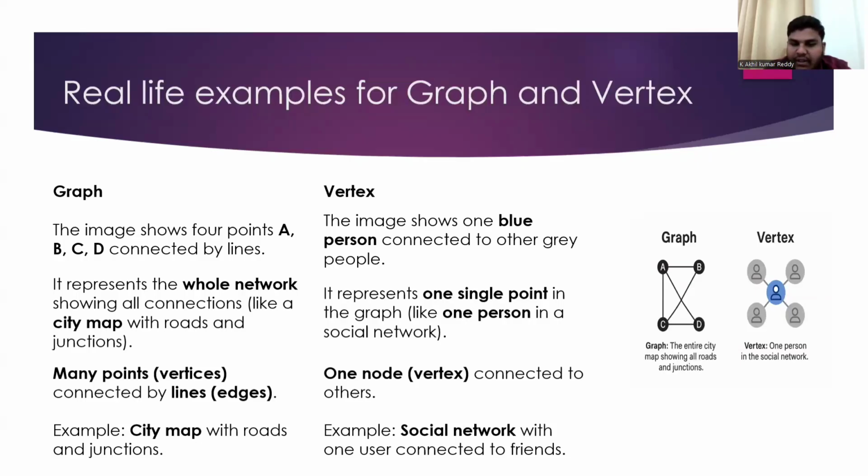One node, a vertex, connected to others. As we use Instagram, if I am the Instagram person, the suggestions and post recommendations come from other vertices. Example, a social network with one user connected to friends, like Instagram.